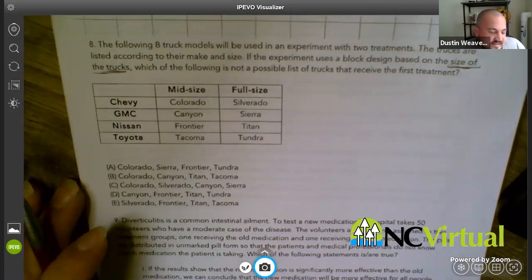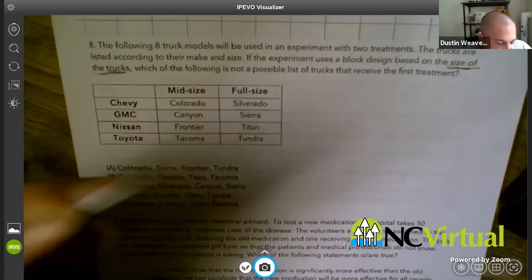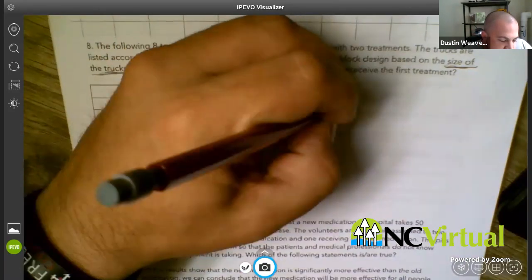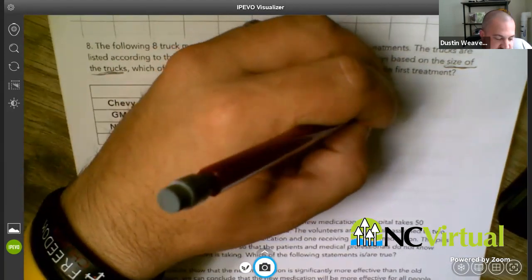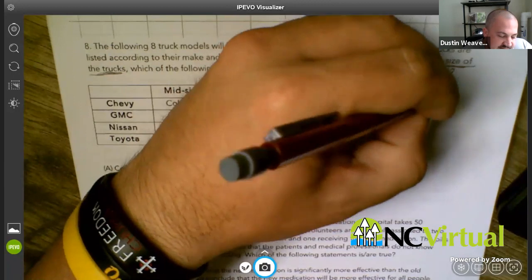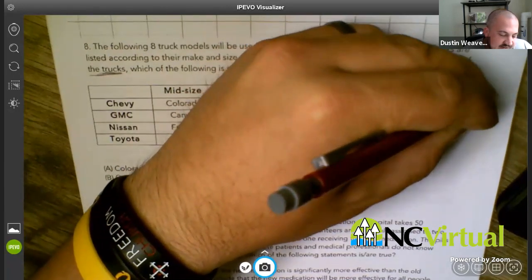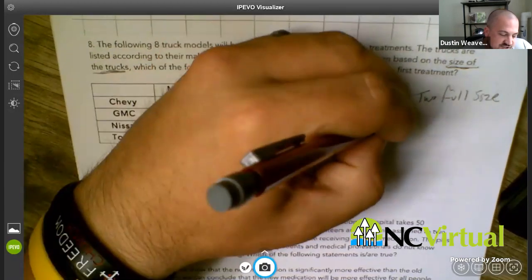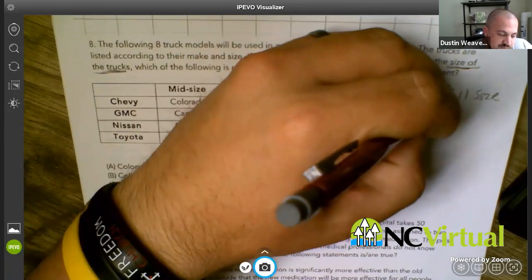So what should happen is if we're blocking by size, we should get 2 mid-size and 2 full-size in each group.